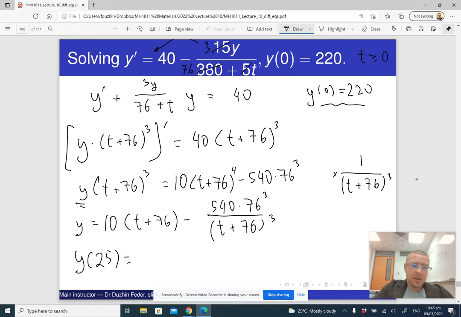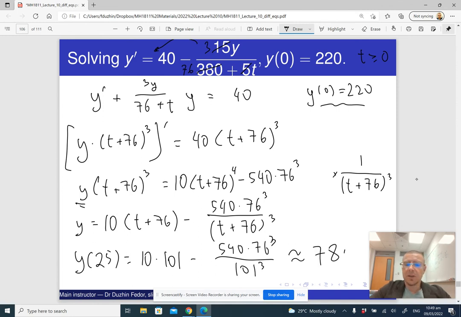So I need to substitute 25 for t, and this is going to be 10 times 25 plus 76, which is 101, minus 540 times 76 cubed divided by 101 cubed, I guess. So that's just some number, and apparently it is approximately equal to 780 grams. I haven't checked it, but I think it's correct.